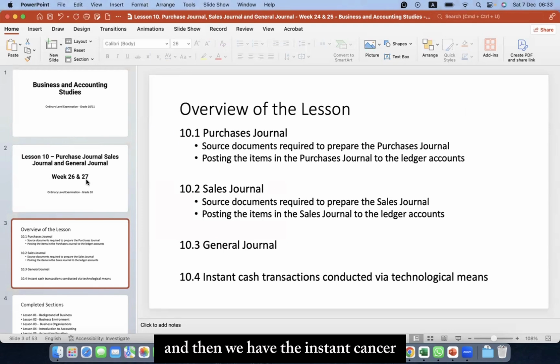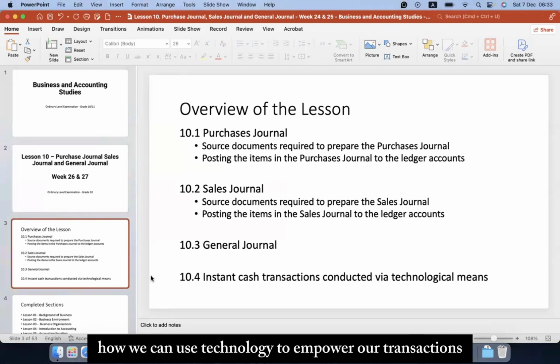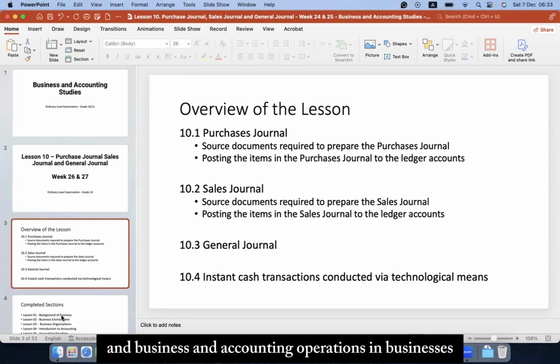And then we have the instant cash transactions conducted via technological means, where we will be studying about how we can use technology to empower our transactions and business and accounting operations in businesses.